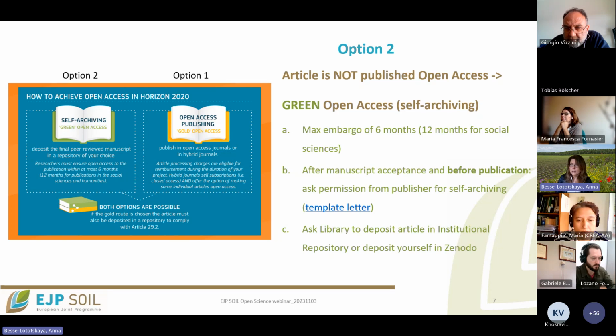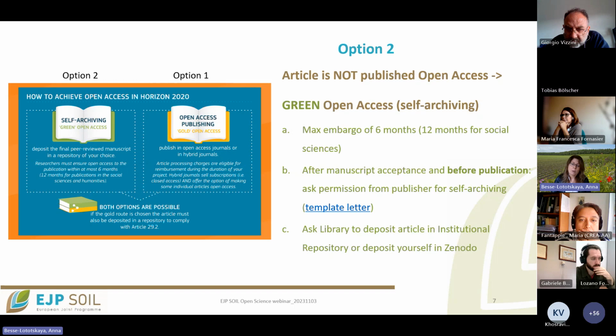Normally, you would need to deal with the embargo, with the copyright restrictions of the publisher, because when your article is not open access, you have transferred your copyright to the publisher. So then you're allowed to reuse your article, to republish your article, but after an embargo period.